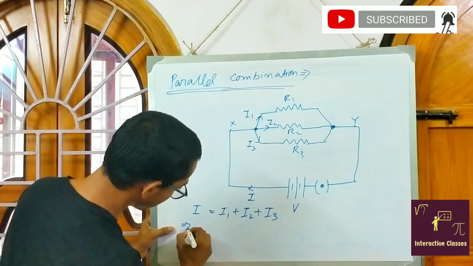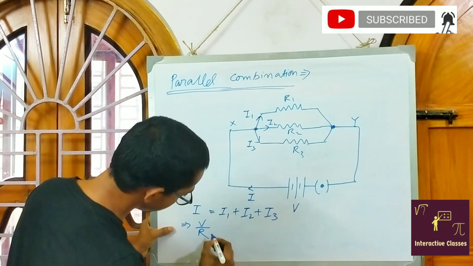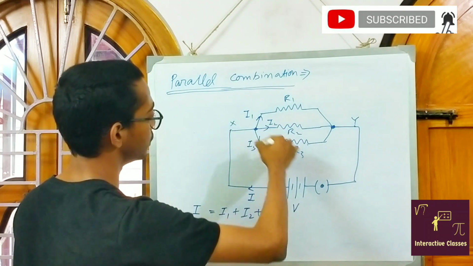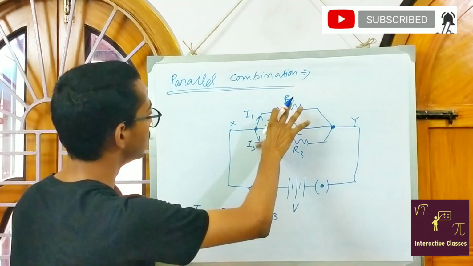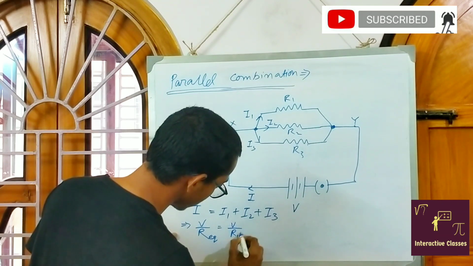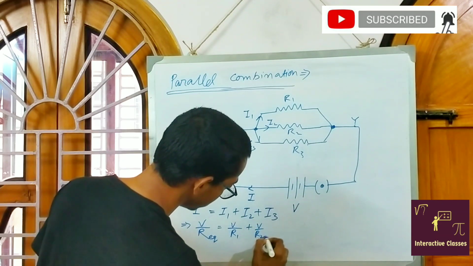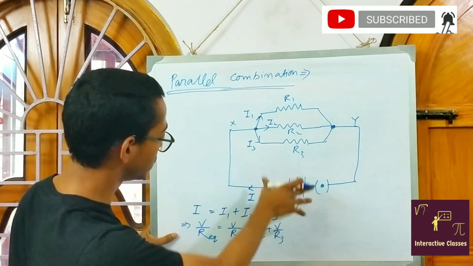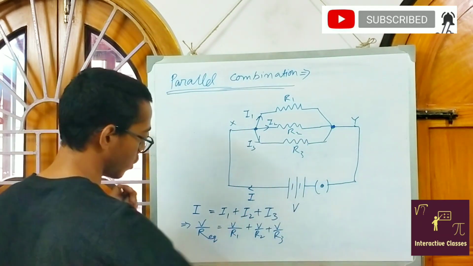From Ohm's law, V by R equivalent, the total parallel combination of these three resistances, is V by R1, V by R2, and V by R3. If there are more resistances in the connection, you can just add on.